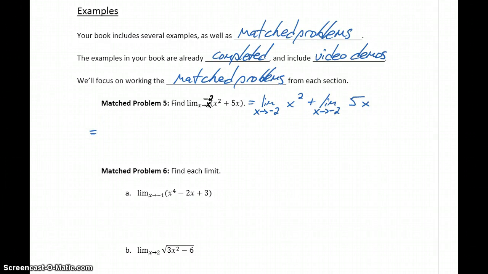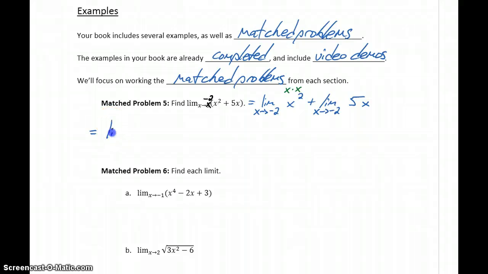Next thing we want to do is take this limit of x squared, break that up a little bit farther. So x squared literally just means x times x. So what we have here is the limit of a function times another function.